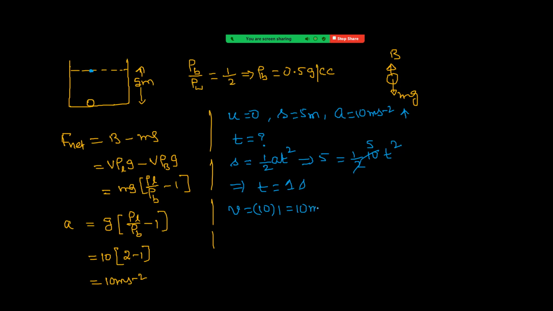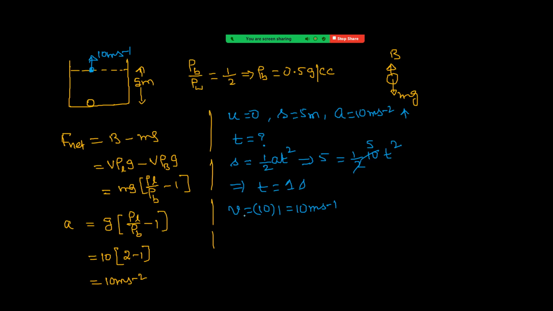It means it reaches the surface of water with a velocity of 10 meter per second. And once the body comes into air, the only force is gravity, which is downwards. Now this is the initial velocity, vertically upwards, and acceleration is 10 meter per second square downwards, right?